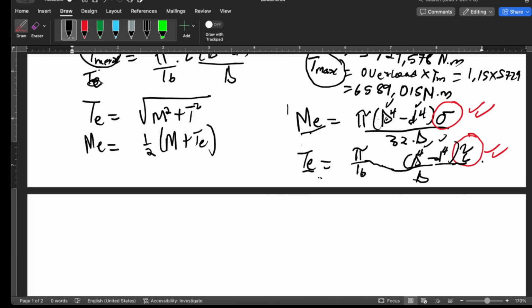Then you conclude at the end which one you are going to take. You must take the one that can accommodate both, the allowable.